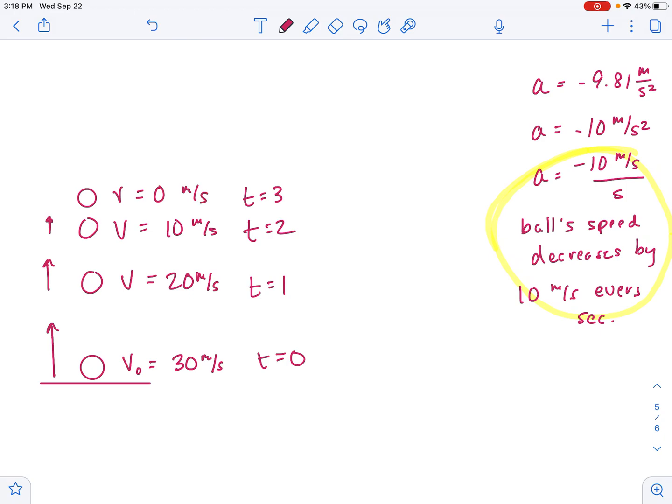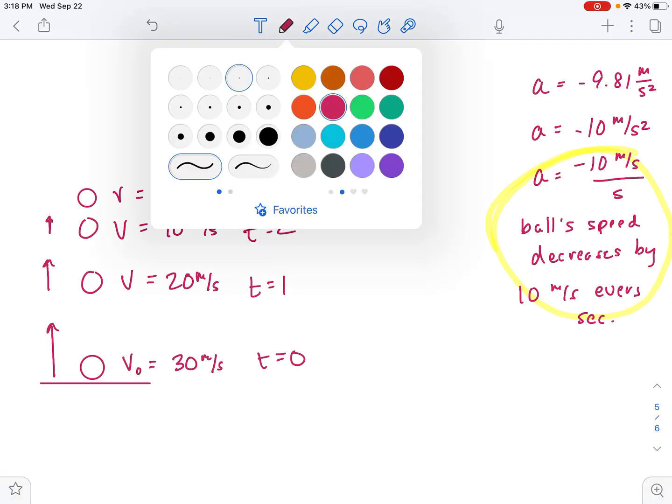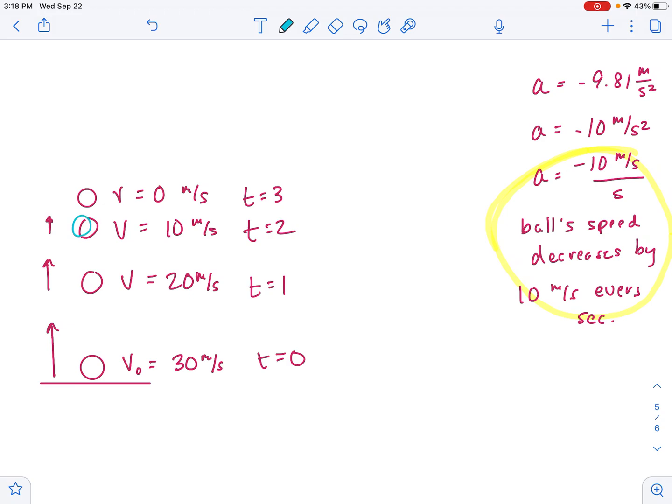Now, what happens next? The ball starts to come down. I'll do this in a different color. So at 4 seconds now, the ball is going down with a velocity of negative 10 meters per second.